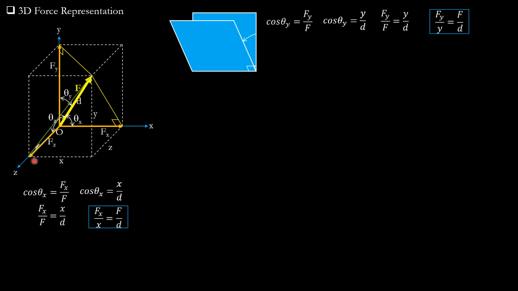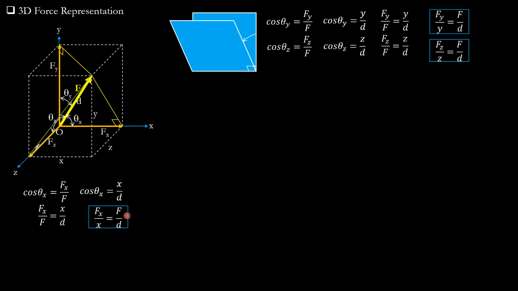We also pattern it from the preceding two results; it should have the same ideas. That is, cosine of theta z equals Fz over F, and it is also equal to z over d. Equating, Fz over F equals z over d. Then interchanging positions, Fz over z equals F over d.